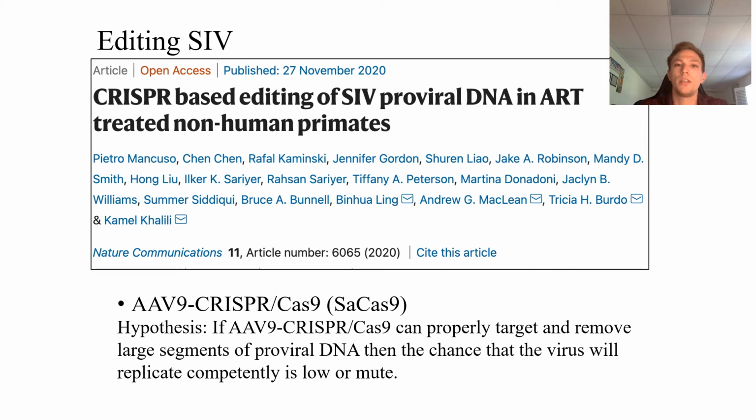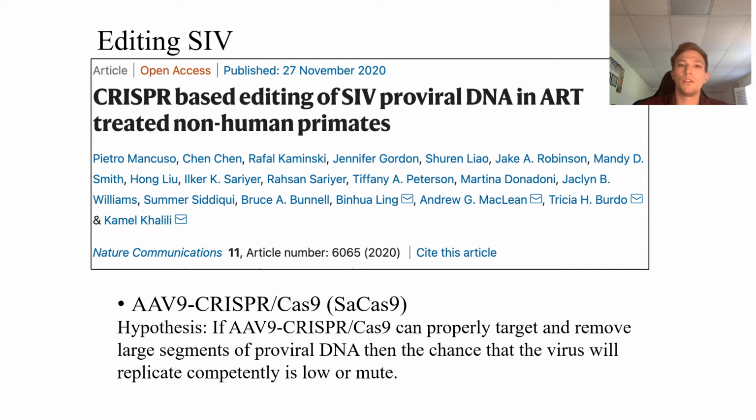So CRISPR is just a genome editing tool, targeting the proviral DNA of the simian immunodeficiency virus, and taken in parallel with antiretroviral therapy of non-human primates, being the rhesus monkey.